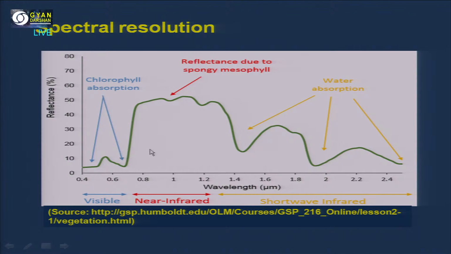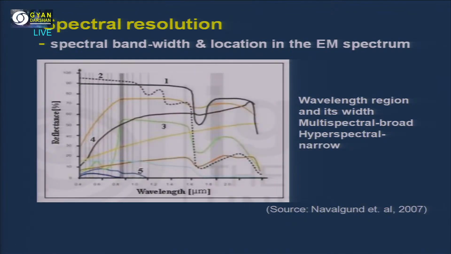Another resolution is the spectral resolution. This spectral resolution refers to spectral bandwidth and location in the electromagnetic spectrum. In this figure, you see these vertical lines; they are the bandwidths, which means the spectral resolution of the sensor.